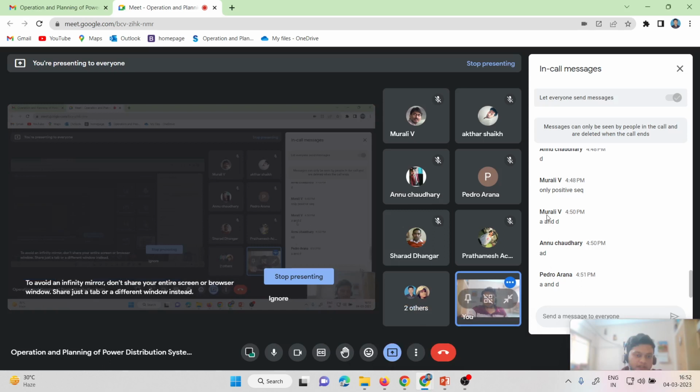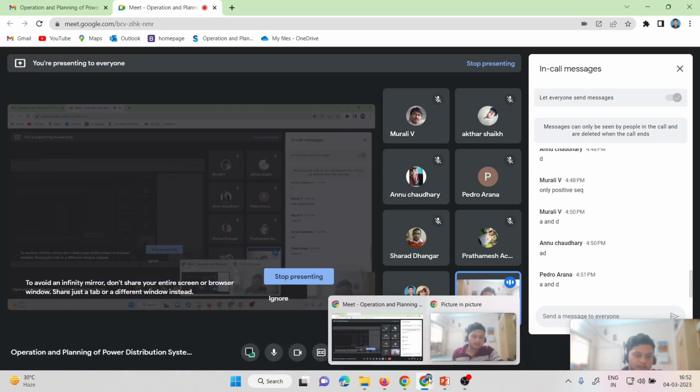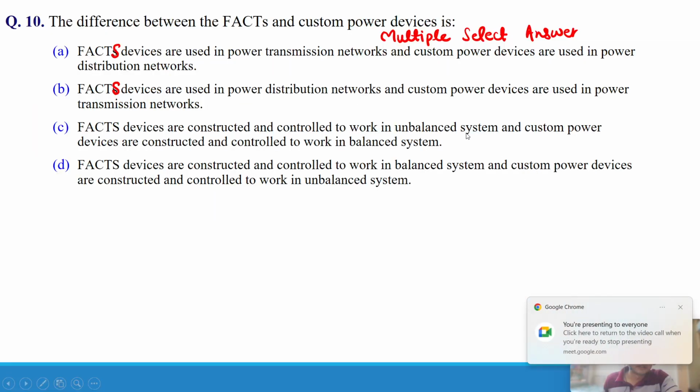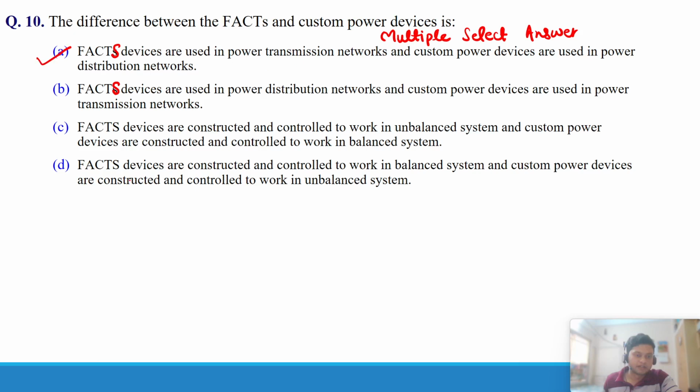A and D, Murli, Anu, Pedro, all of you are correct. Yes. FACTS devices are used in power transmission networks while custom power devices are familiar devices.